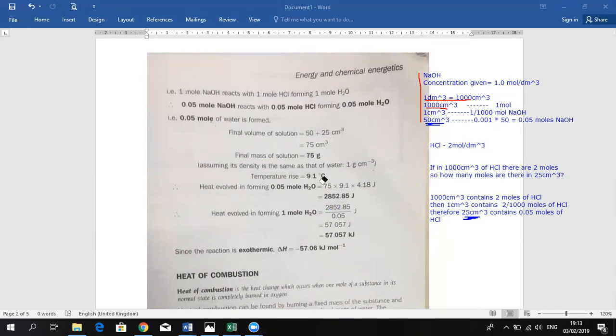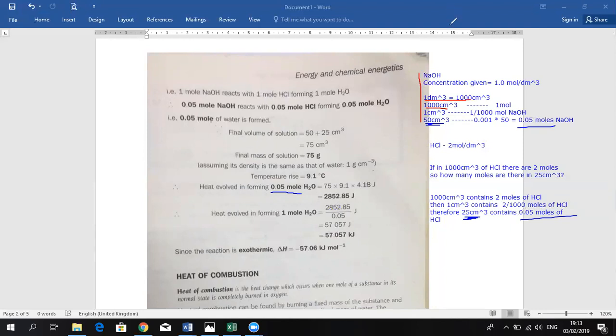Now, this is why we worked out all of this before, because we need to know that this volume of 75 centimeters cubed and this temperature rise is not related to 1 mole of water. It's related to 0.05 moles of water, based on the equation we had before, because we weren't working with 1 mole of water from the beginning. From the beginning, we've been working with 0.05 moles of sodium hydroxide and 0.05 moles of hydrochloric acid, and based on the equation, this 0.05 could only liberate 0.05 moles of water.